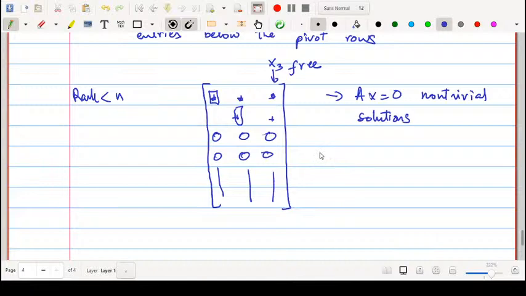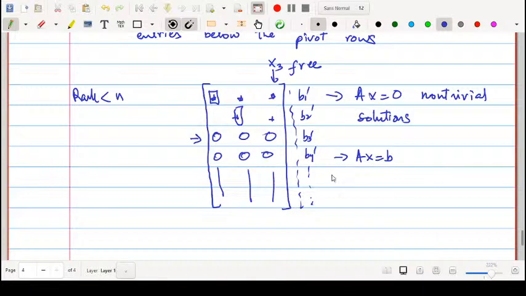And what about Ax equals b? Again, you have some right-hand side, b1 prime, b2 prime, b3 prime, b4 prime. So now you have an extra equation to satisfy, so b3 prime should also be 0.